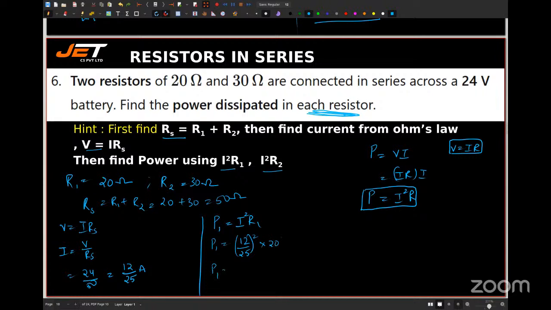So P1 equals 144 by 625 into 20. Calculate this and tell me the answer in the chat box. And P2 is again I square R2, which equals 12 by 25 whole square into 30, which is 144 by 625 into 30. Tell me the answers of P1 and P2 in the chat box.